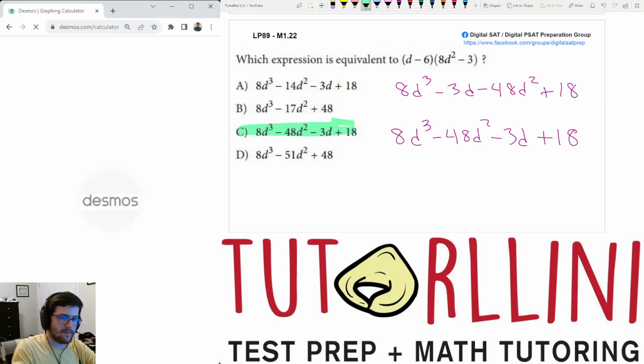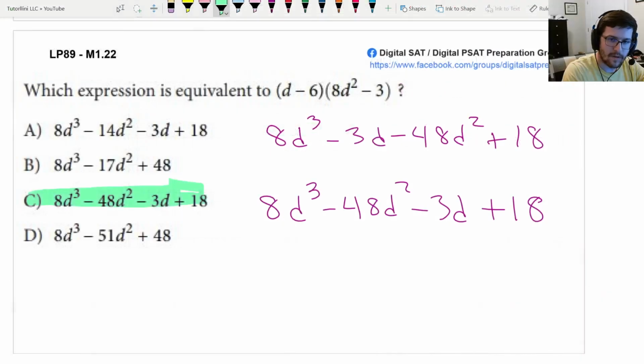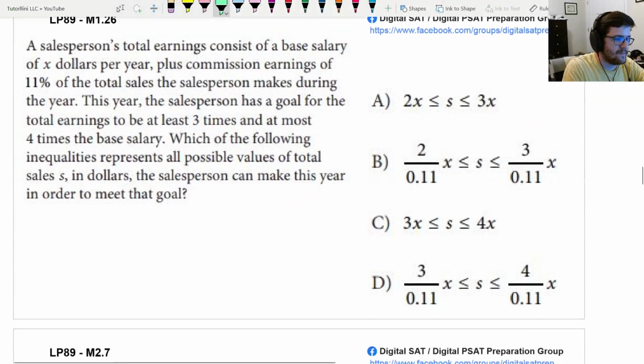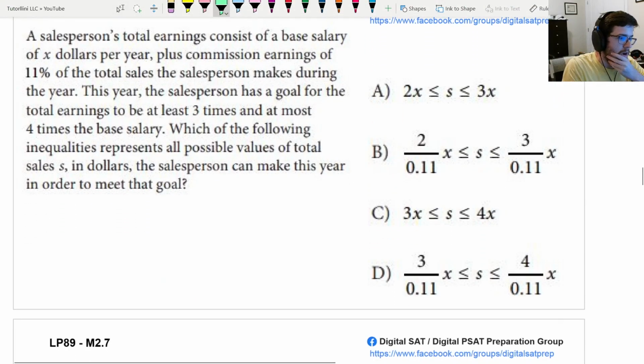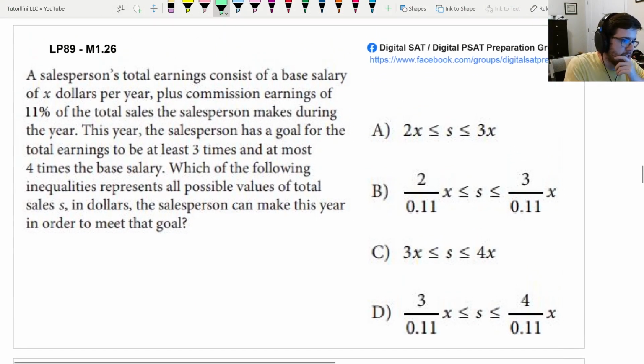All right, let's come back over here and let's keep moving. Okay, what the heck is this saying? Okay, so they get commission earnings of 11% of the total sales they make during the year. This word of is really important, percent of.